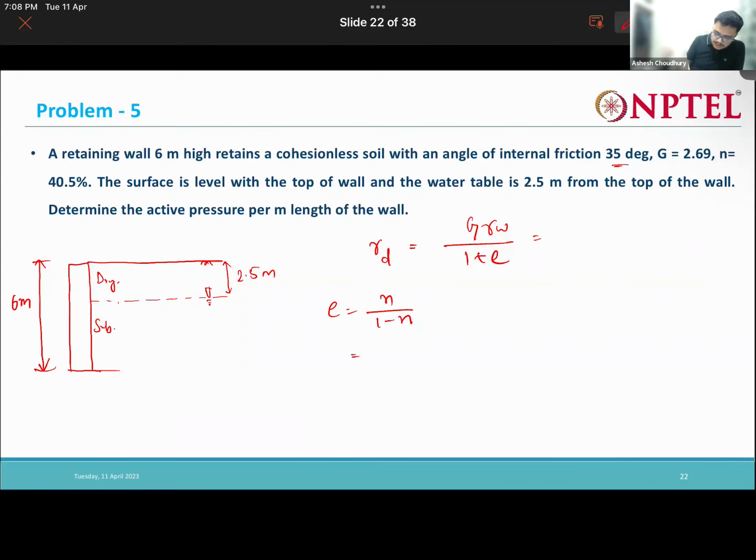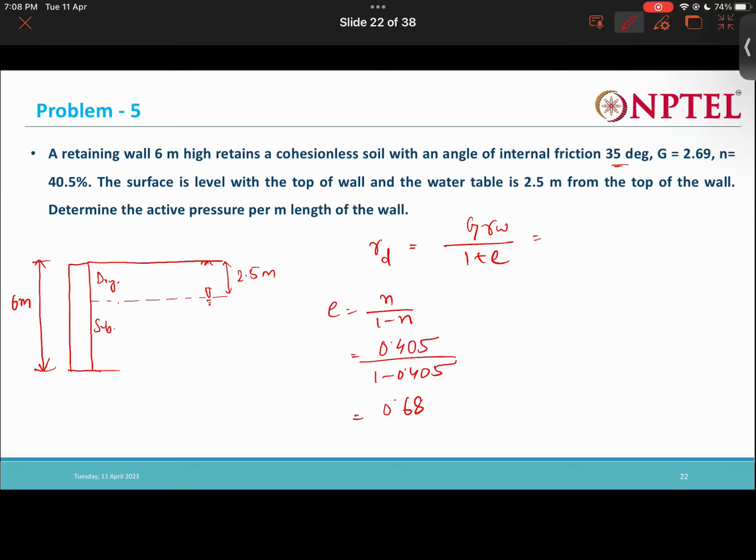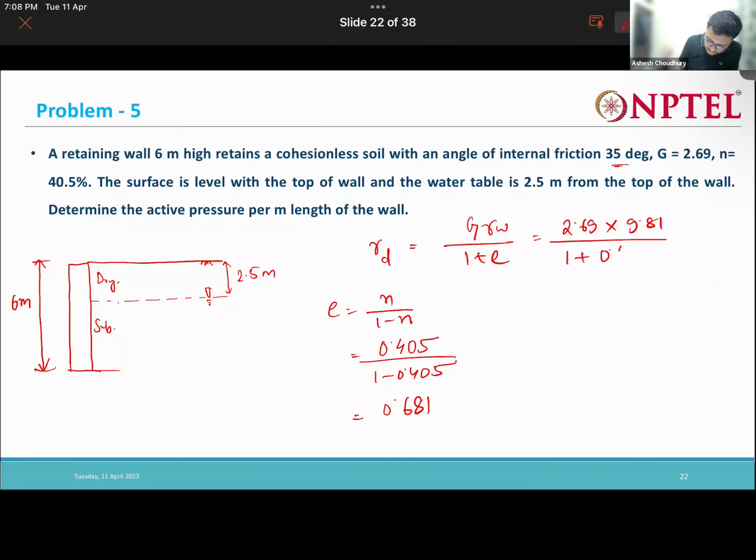There is a relation between E and N. N is given as 0.405, so E will be 0.68. So gamma dry is 2.69 into 9.81 divided by 1.68, which is 15.7.